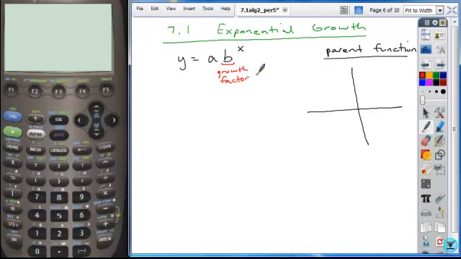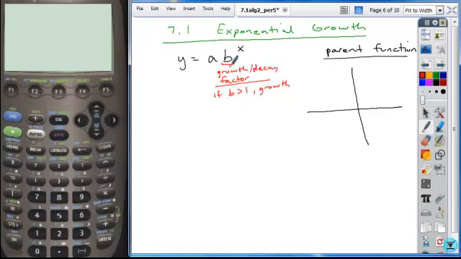Okay, and this growth factor can be one of two things. It's either a growth or decay factor. For what we're talking about today, we're going to be dealing with growth factor. There are two conditions. If b is greater than 1, this is going to indicate a growth model.